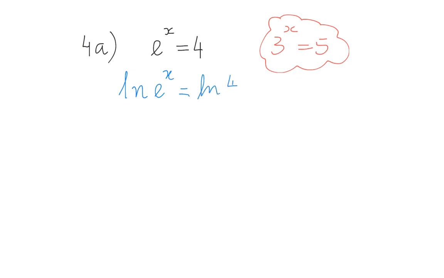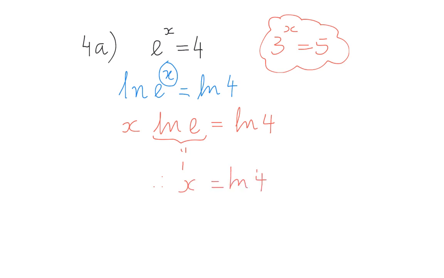Now, if I ln both sides, then the power I can take to the front, because that's the same with all the other laws of logs. So it's x ln e is ln 4, right? So what is ln e once again? Ln e is 1. Therefore, x is ln 4.